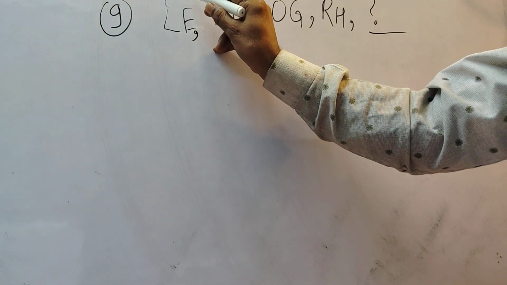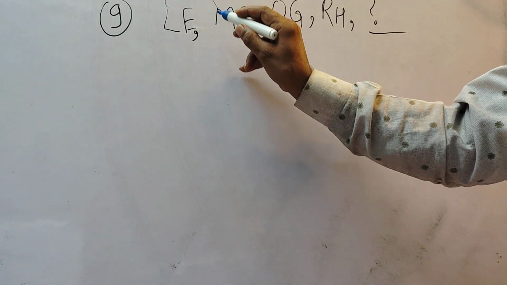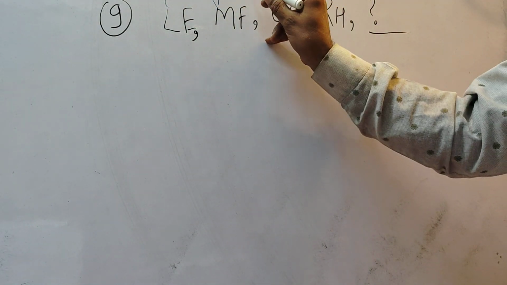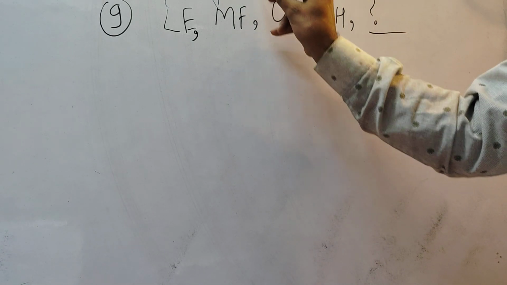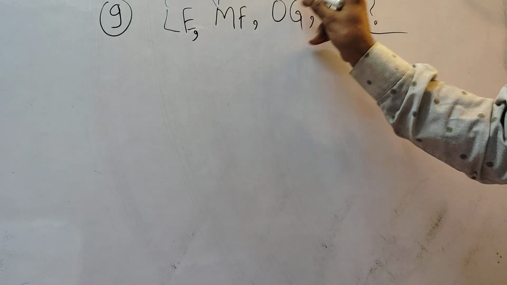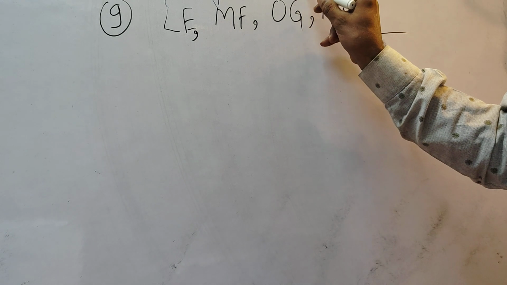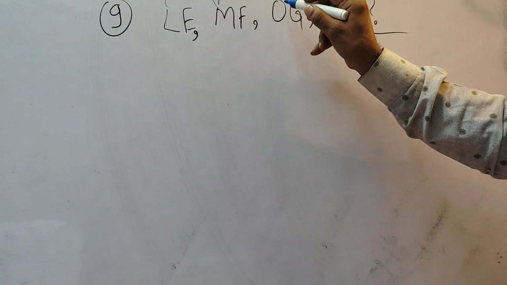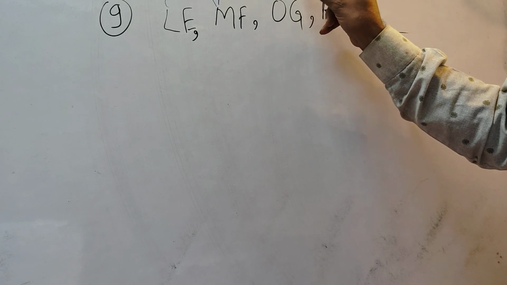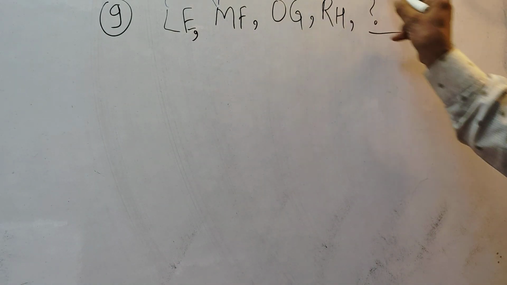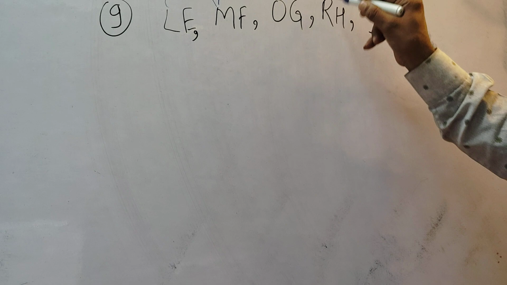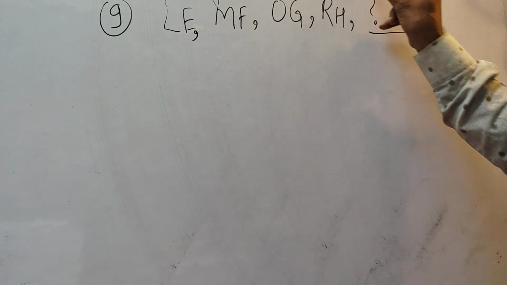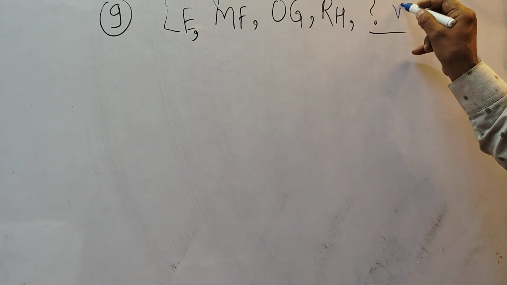L plus 1, M is missing, LM. Now plus 2, N is missing. Now after O plus 3, so that means after O, P and Q are missing. Now 4 will be missing, then R, S, T, U will be missing. Then V will come.